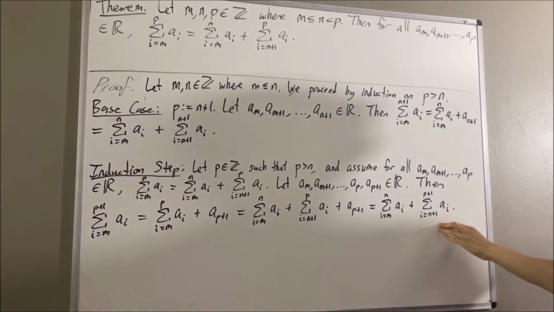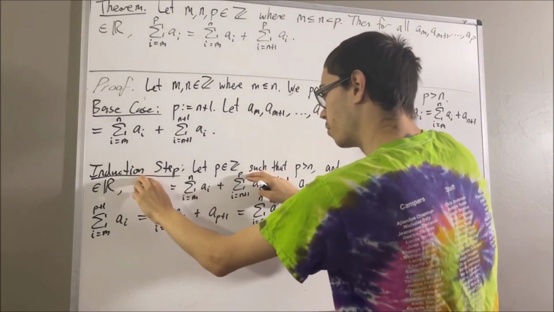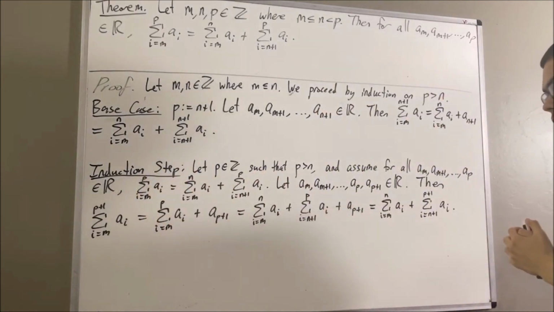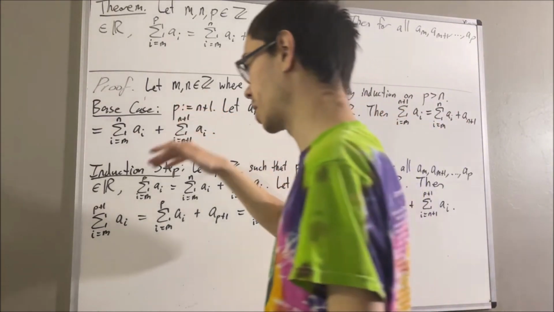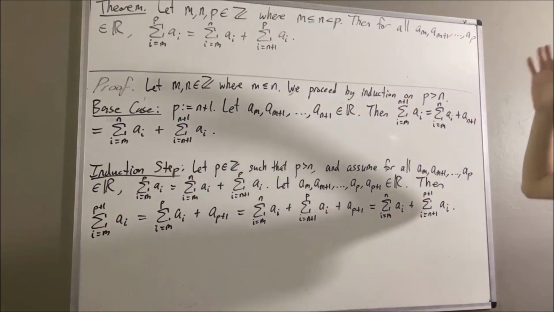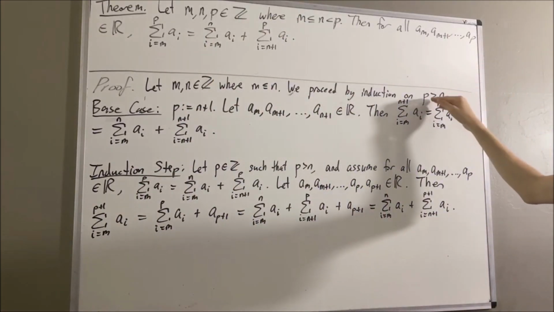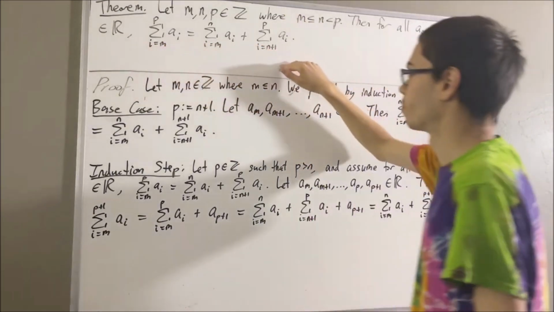And so, what that means is we've shown that this is true, where instead of p, we have p plus 1. And that was the whole goal of the induction step, so this completes the induction step. And since we've done both the base case and the induction step, this closes the induction, which means we have proven for all integers p greater than n, that this is true.